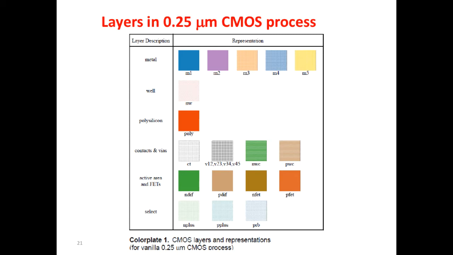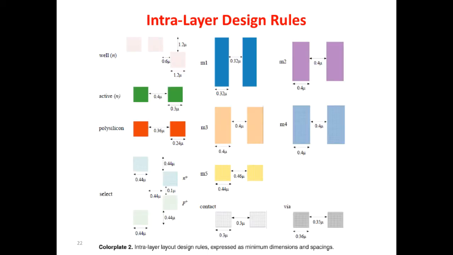Now, for every single layer, there are intra-layer design rules, and they are related to lithography and process. For example, in this 0.25 micron process, the metal 1, M1 layer, cannot be thinner than 0.32 micron, and the separation between two metal lines has to be at least 0.25 microns.